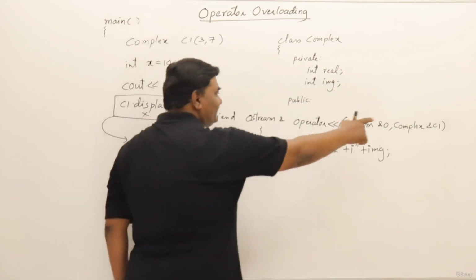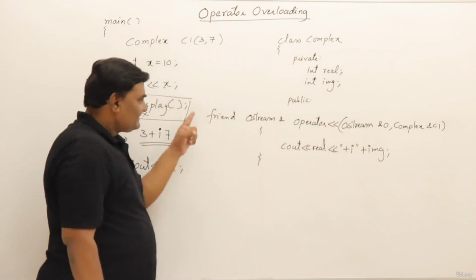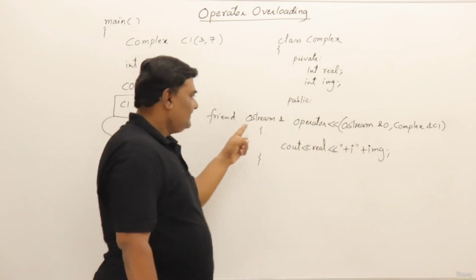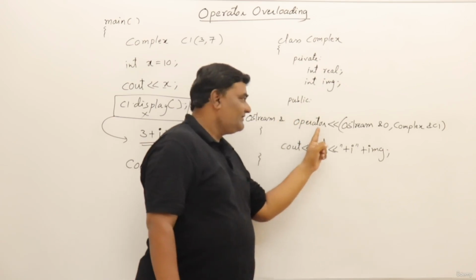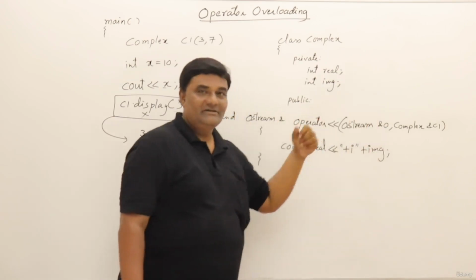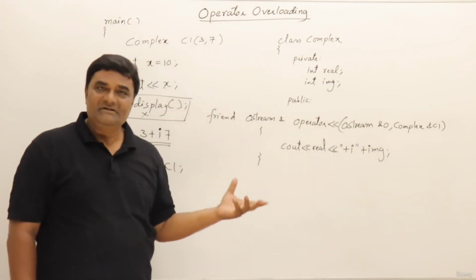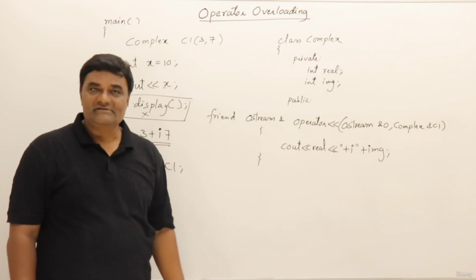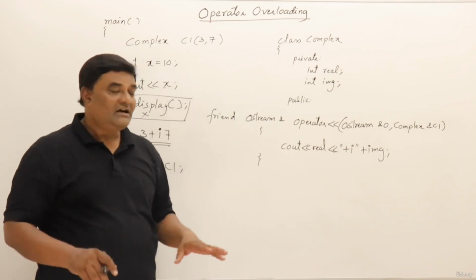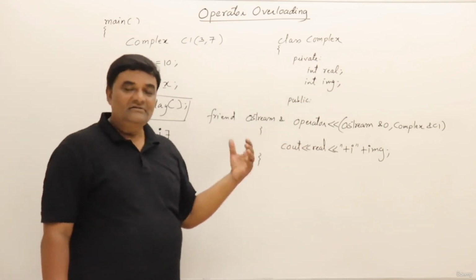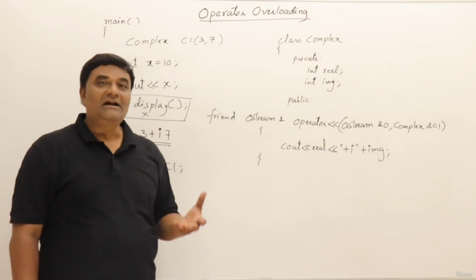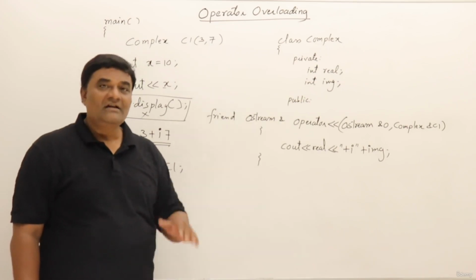This will be a very lengthy signature: a friend function returning an output stream reference, with this function name, taking two parameters. You can remember this whenever you are overloading this. I have explained how it is built up, so for writing the program, you can remember it.